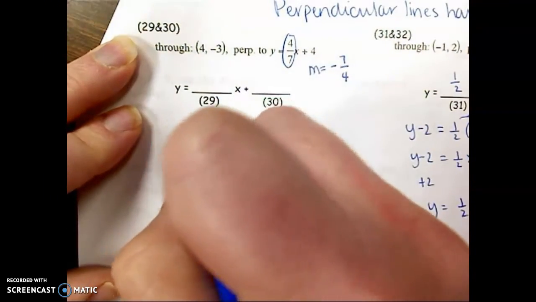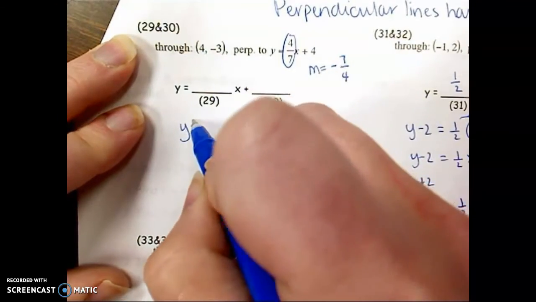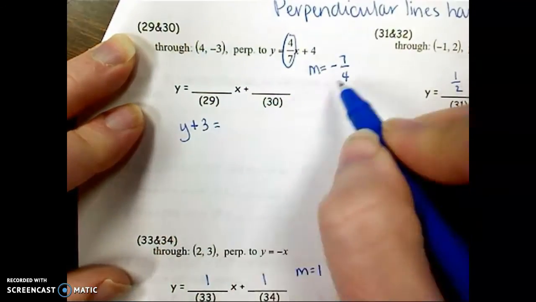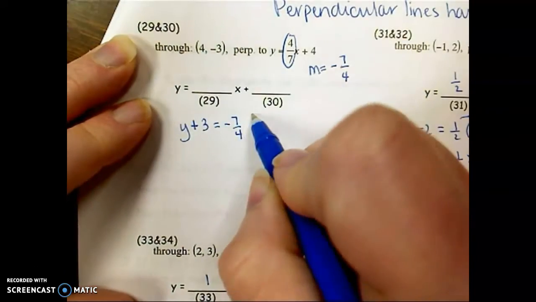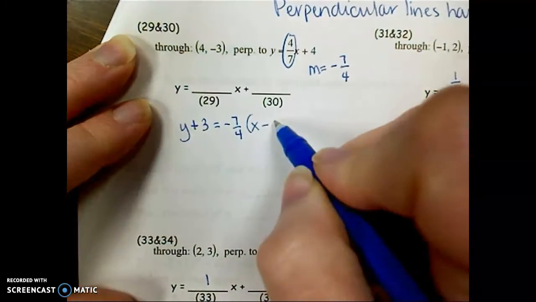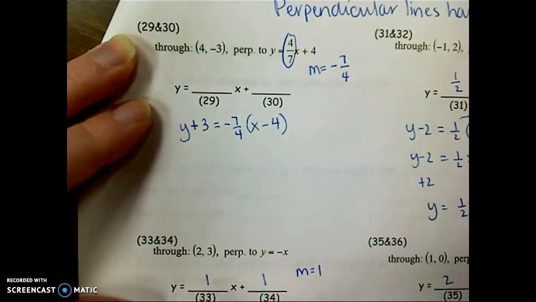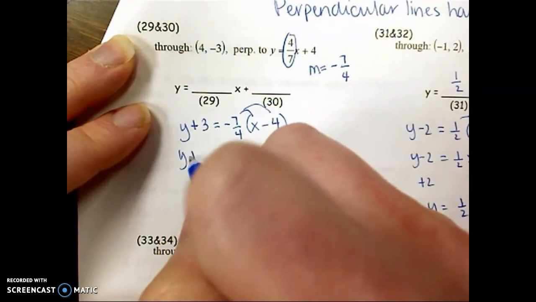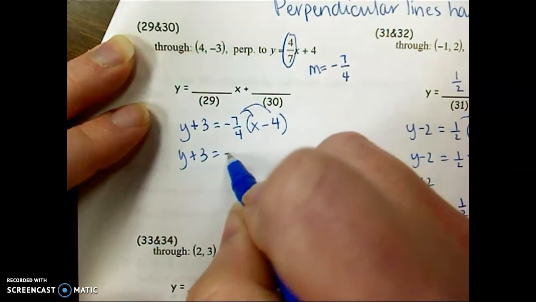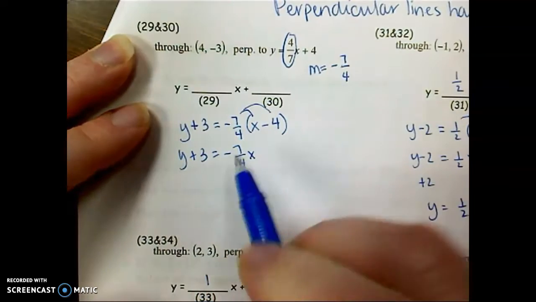So I would have y minus a -3, which becomes y plus 3, equals my new perpendicular slope of -7/4 times x minus my x coordinate of 4. We need to distribute to get rid of the parentheses. So I have y plus 3 equals -7/4 x. Watch your signs.